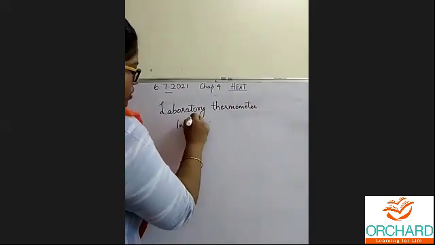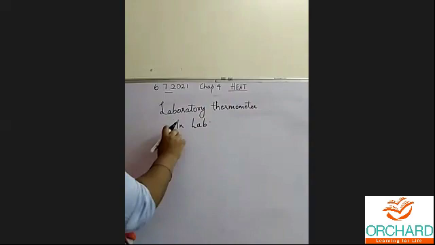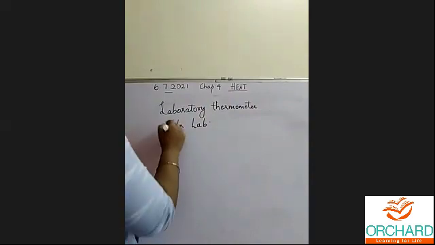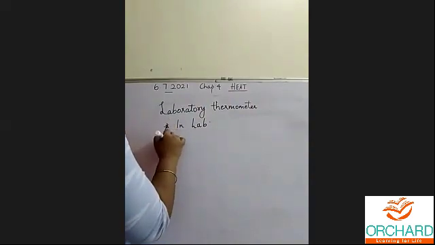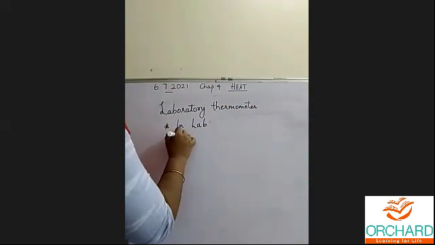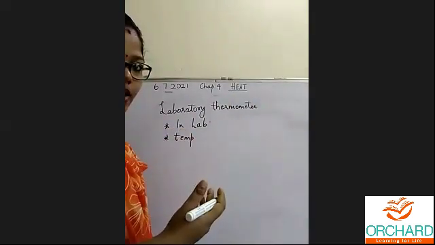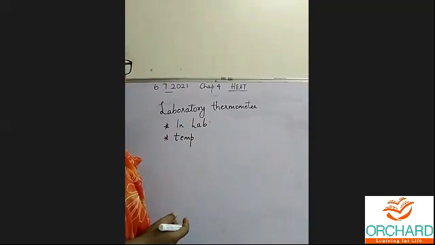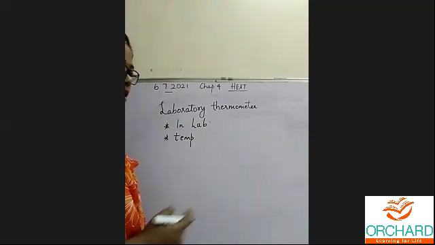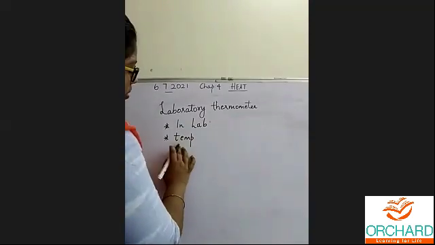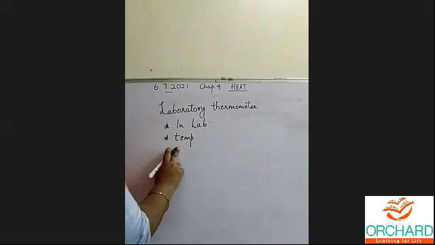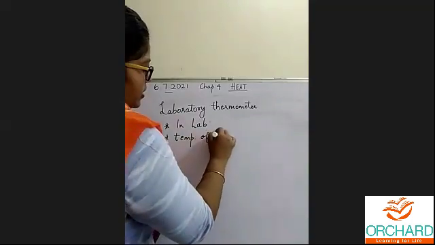So it is used in the lab to measure the temperature of a substance. When you go to your higher classes and go to chemistry labs, you will be making use of the laboratory thermometer.